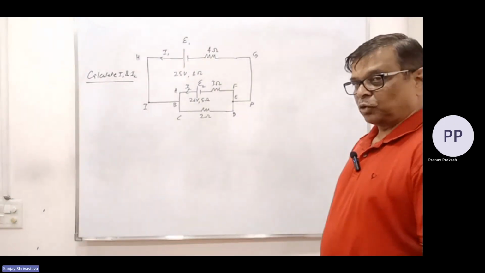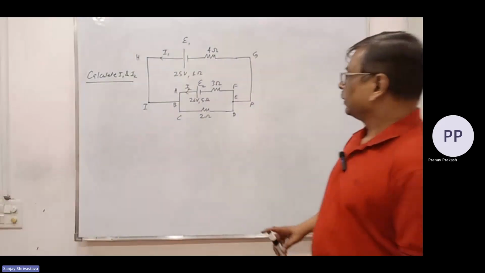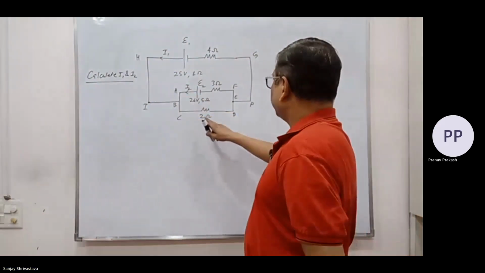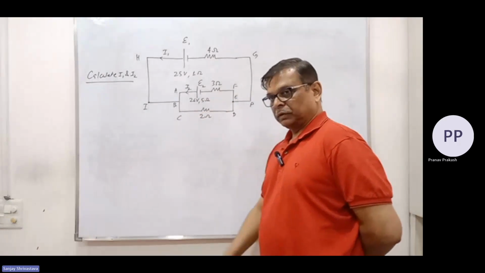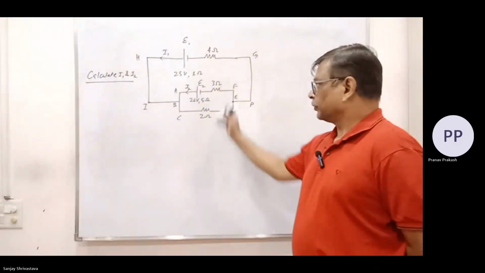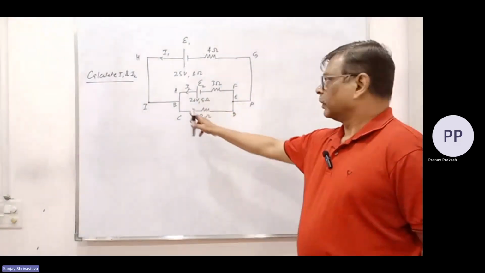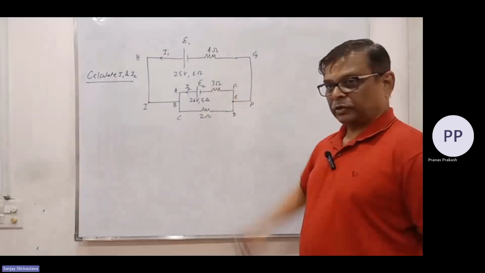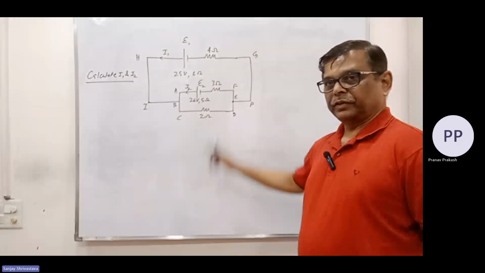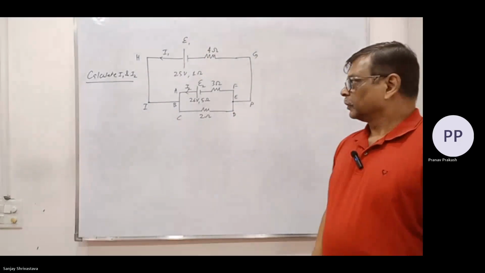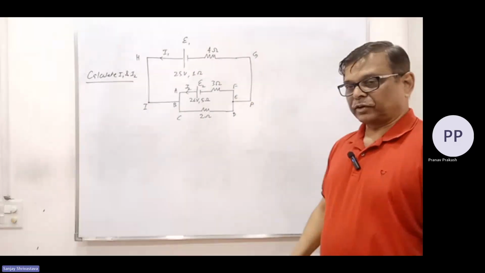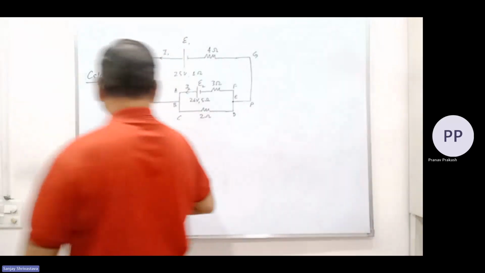So we can make the loop according to what it is now. This can be one loop. A B C D E F is one loop. Can you see Pranav? This is a loop here. Yes, sir. So let's take one loop.